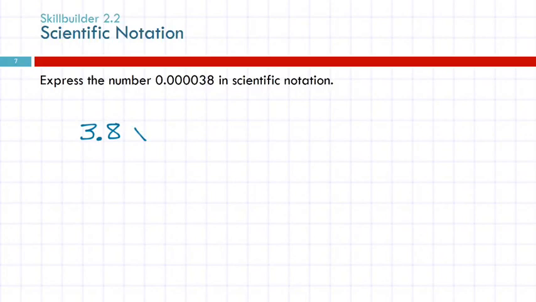So I've got 3.8 times 10 to the something. Moving the decimal point, 1, 2, 3, 4, 5. I moved it 5 places, so the exponent is 5. And then I decide, is this a small number or a big number? It's a small number. I have negative feelings about small paychecks. This is a negative exponent. Any questions?